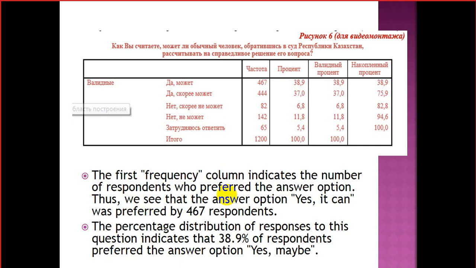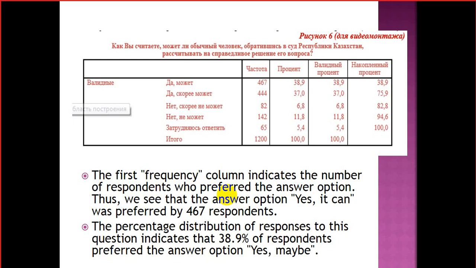Cumulative percentage is the sum of percentages of valid responses. For example, the percentage of respondents who answered "yes, it can" or "maybe, but a lot depends on the specific case" is 75.9%. The higher the cumulative percentage accumulated to the last factor, the more valid the factor decision is.